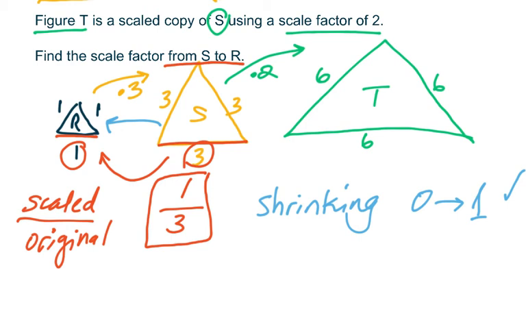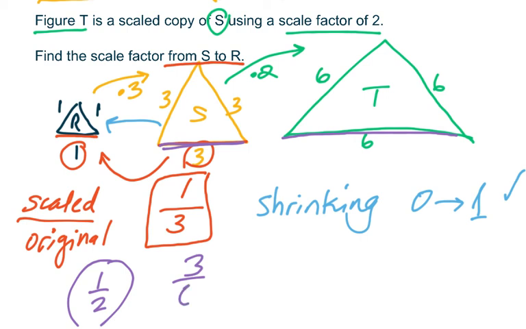If you chose the answer of 1/2, which is one of the wrong answers, then I think what you did is that you used the wrong corresponding side lengths or the wrong triangles. You might have used, for example, this side length of 3 and this side length of 6.